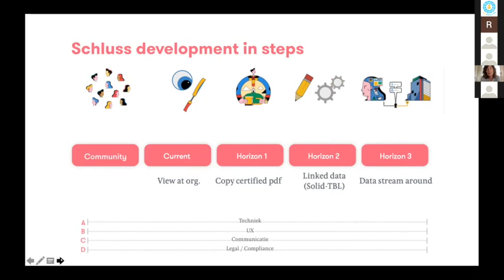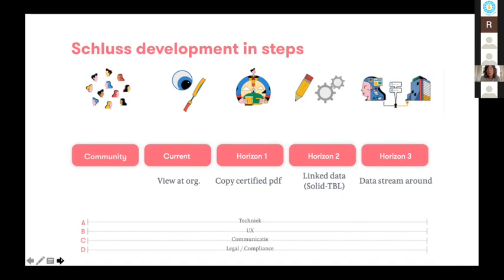We need to pass through this Horizon 2 to achieve Horizon 3, because in this stage, all problems around ontology are hopefully solved. The disadvantage about not gaining access to real-time up-to-date information is solved. But at the same time, the information is not under your control, since it's still at the issuing party.